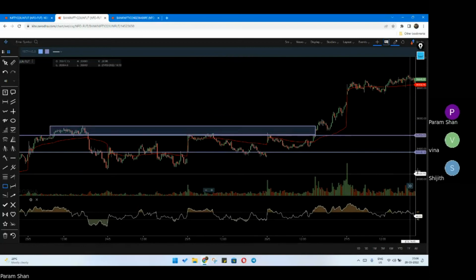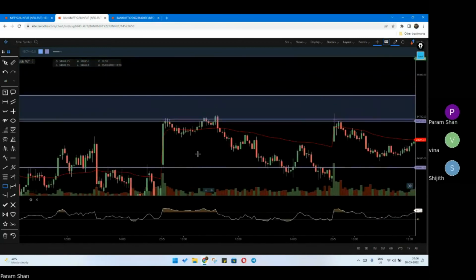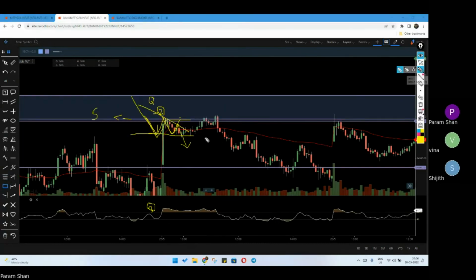So on the current day, what happened? It came here, came down, and it did not break out. So this is an ascending triangle, but a failure one. Anyway, we have that line, so take out from here and see.